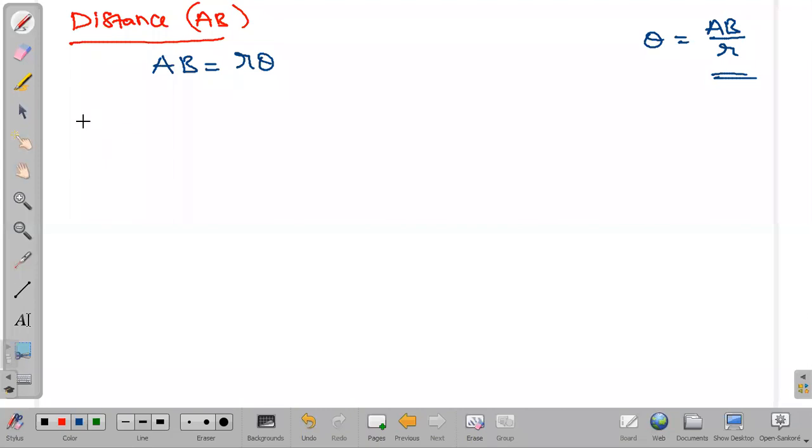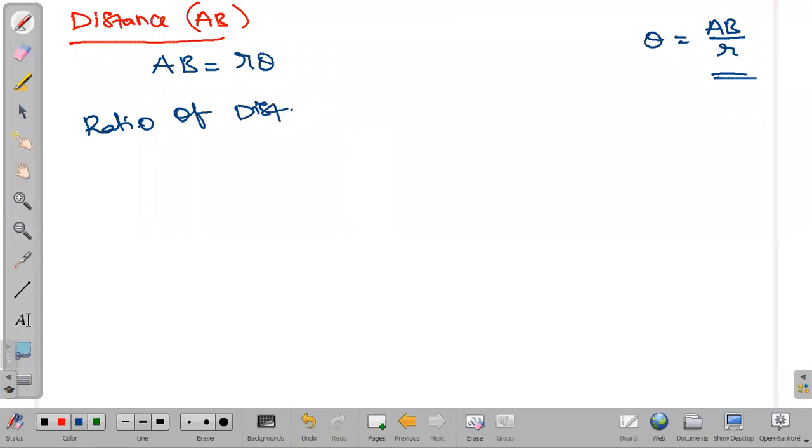Now suppose I want to write the ratio of distance and displacement, what do we get? We have already done distance, and just now we have done displacement also.